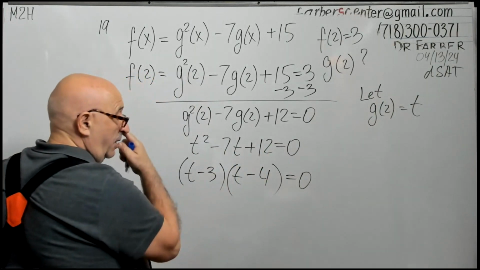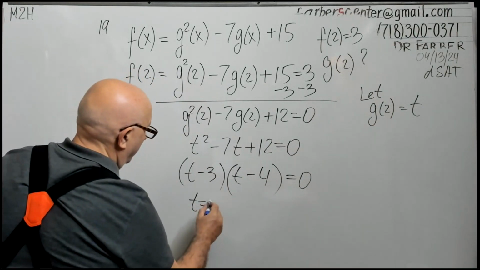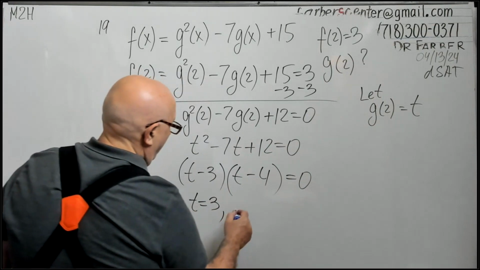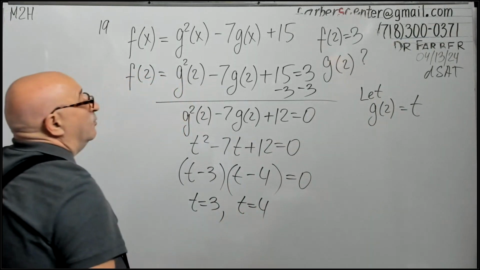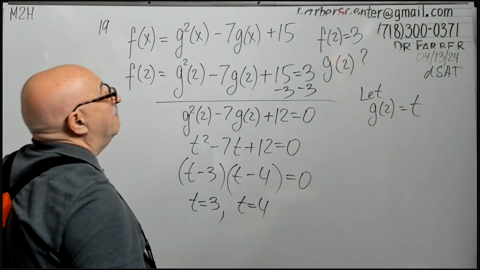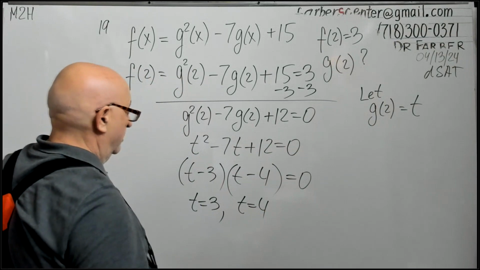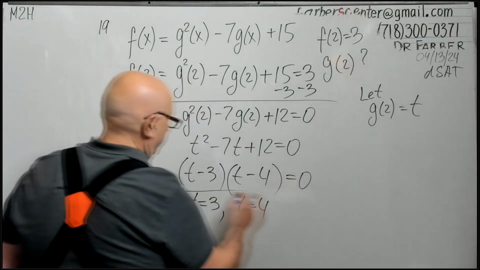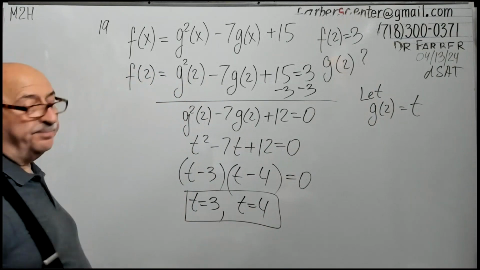So this either equals 3 or t equals 4. And what is g of t? That's for g of 2. G of 2 is my t. So these are the answers: either 3 or 4.